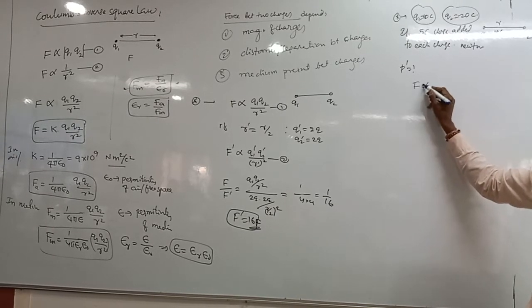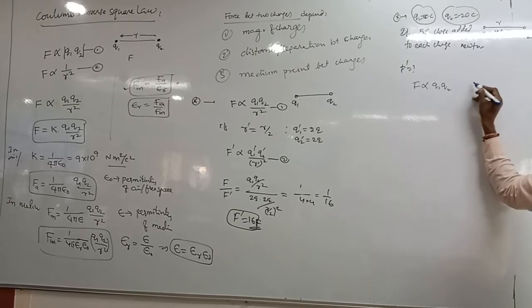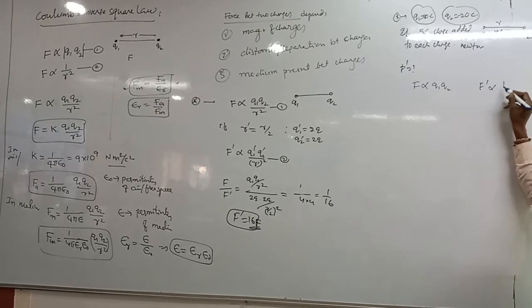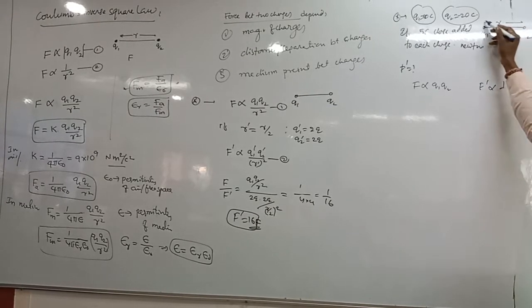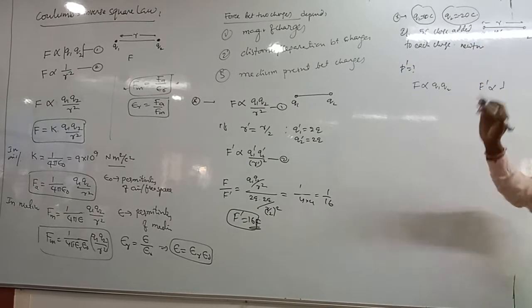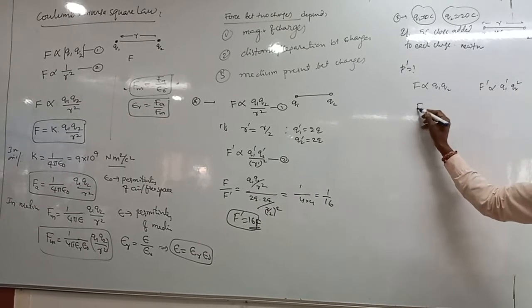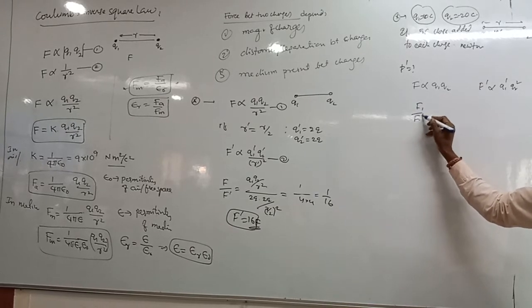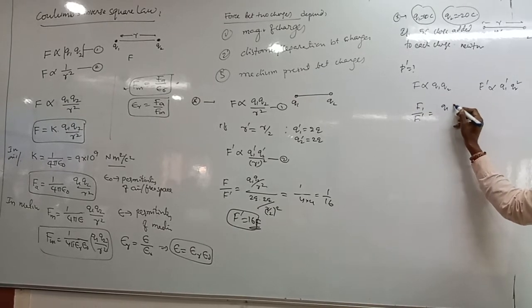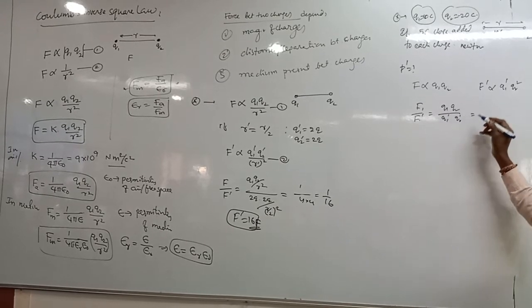F is directly proportional to q1 q2 and F dash is directly proportional to q1 dash q2 dash. Here it is the same distance, so no need to change the distance. So F1 by F2 we can write as q1 q2 by q1 dash q2 dash.